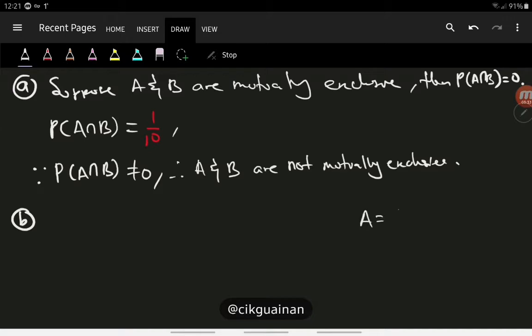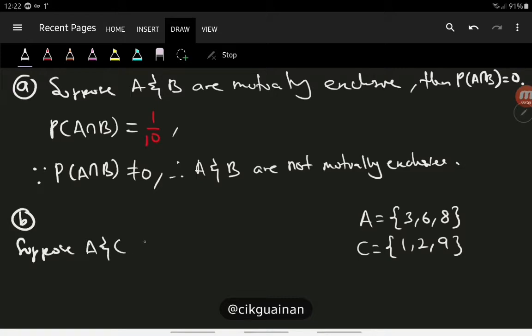Event A is 3, 6, and 8, while C is 1, 2, and 9. Just now we checked mutually exclusive, and we want to do the same thing, but between A and C.